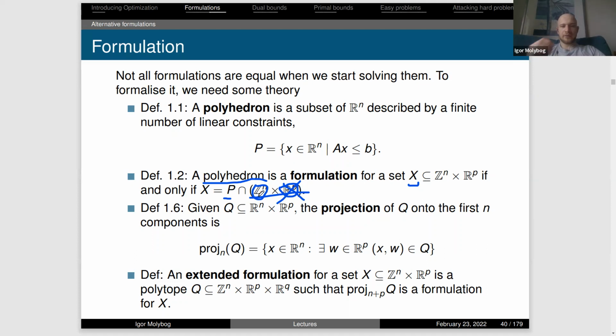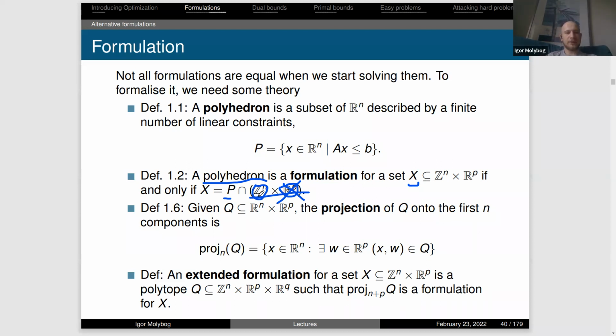We know that for the same problem there are multiple formulations that are acceptable, and some of them are better, some of them are worse, and we can compare them.